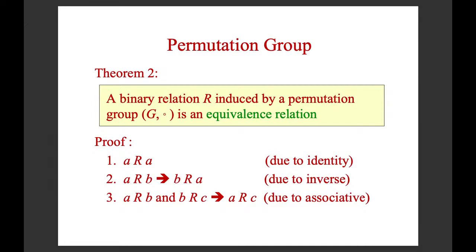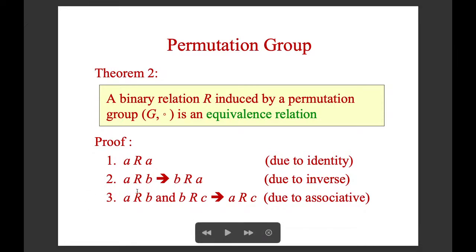And finally, transitive. Suppose that A maps to B and then B maps to C in some permutations. They need not be the same permutation, as long as some permutation maps A to B and some permutation maps B to C. Is it true that there is always a permutation that maps A to C? The answer is also yes.